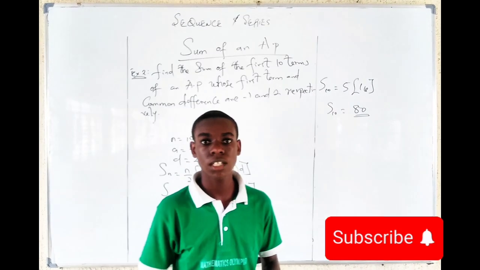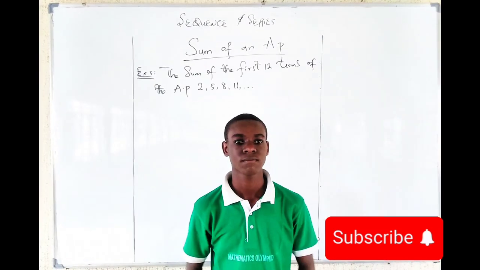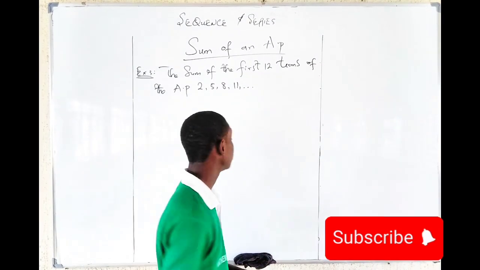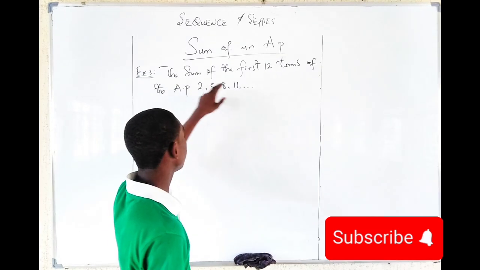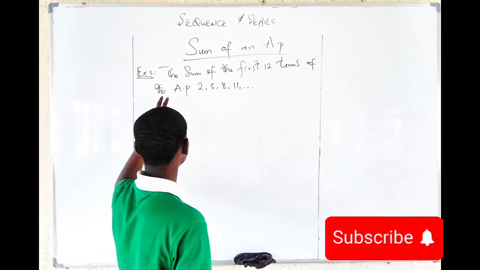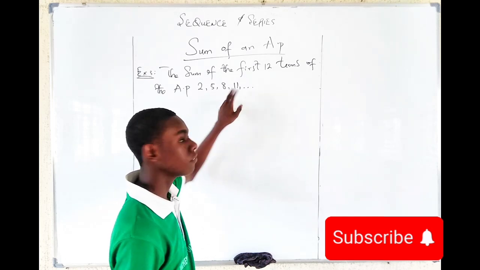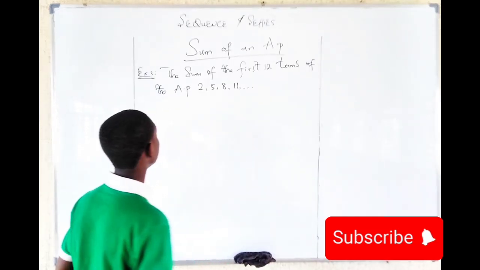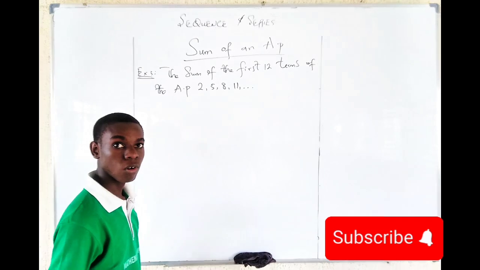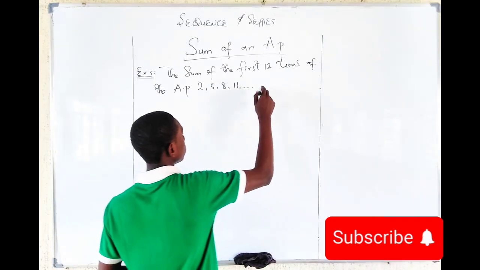Let me give the third example. Now we are giving the third example. The sum of the first 12 terms of the AP 2, 5, 8, 11 and so on. So you should find the sum of the first 12 terms.